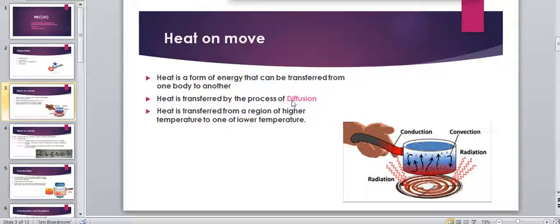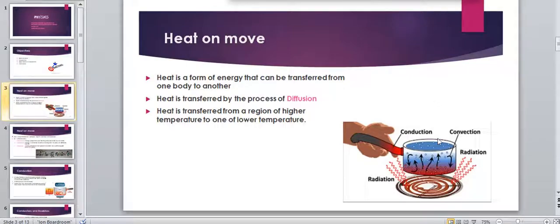You must be aware of this term in your biology classes as well, that heat is transferred from a region of higher temperature to one of lower temperature.